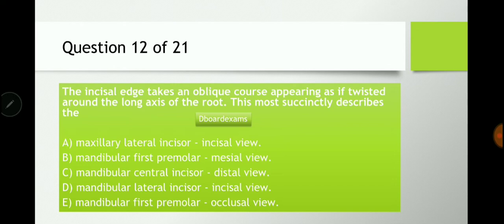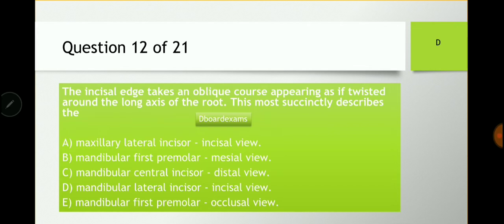Is it the maxillary lateral incisor view? Is it the mandibular first premolar mesial view? Is it the mandibular central incisor distal view? Or is it the mandibular lateral incisor view, or mandibular first premolar occlusal view? I'll tell you, usually the mandibular lateral incisors appear as if they are twisted on their root. So the answer is D.